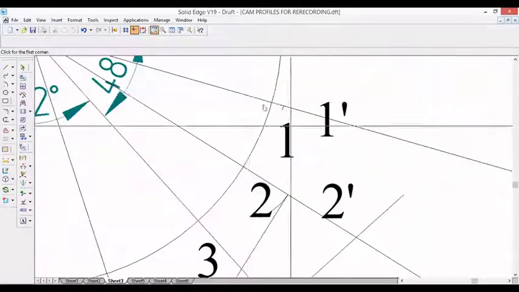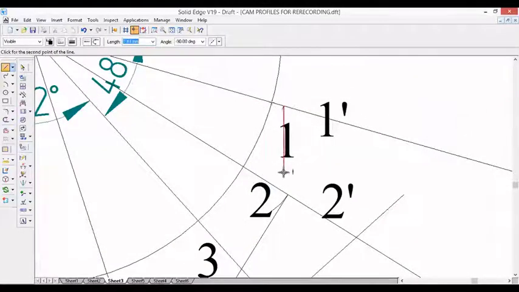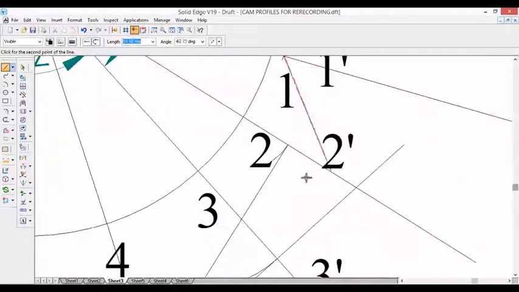I take it a little bit zoomed. So here we have 1 dash tangent to that 1. This is the 1 dash tangent line. I take this a little bit down.